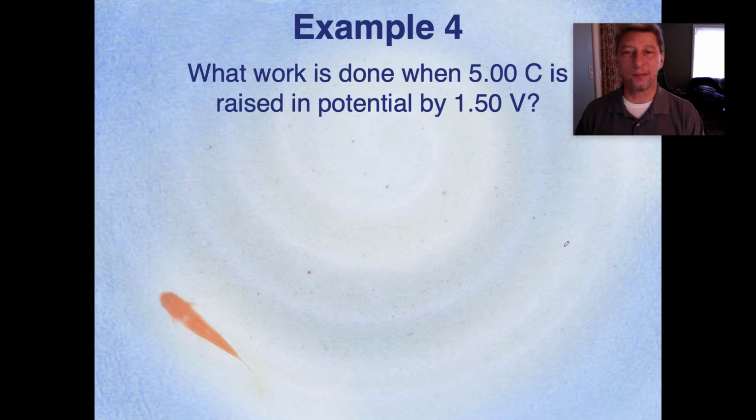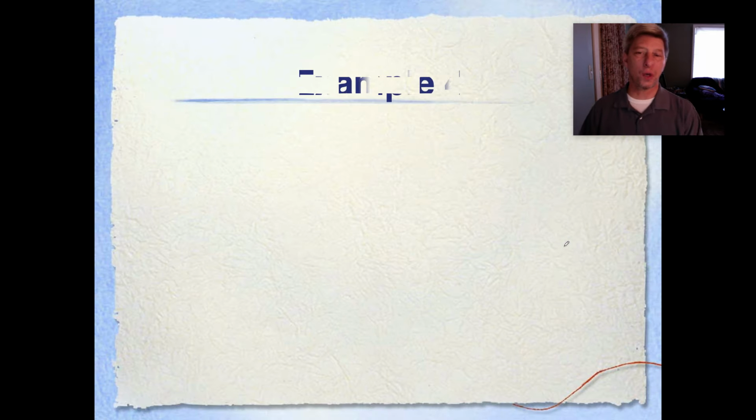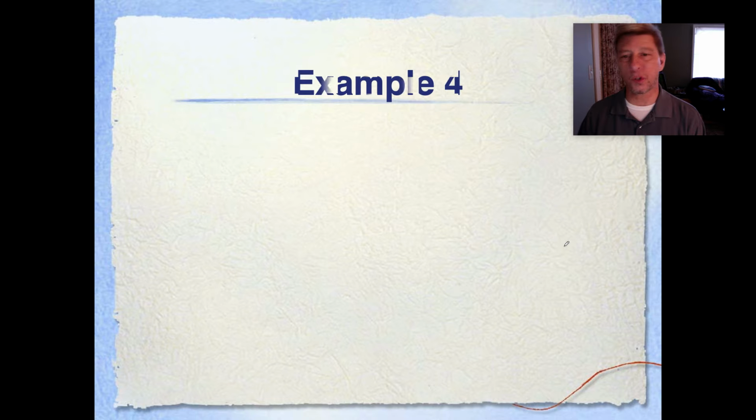What work is done when 5 coulombs is raised in potential by 1.50 volts? We always start by making ourselves a laundry list. Example number 4 asks how much work is done, so W is my big question mark.